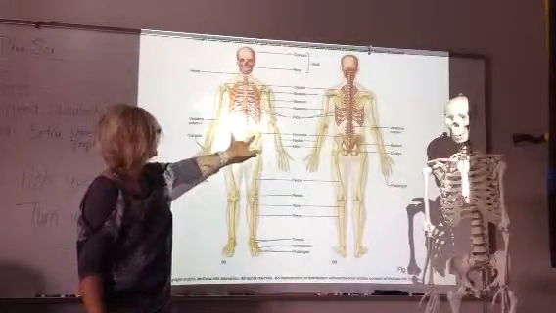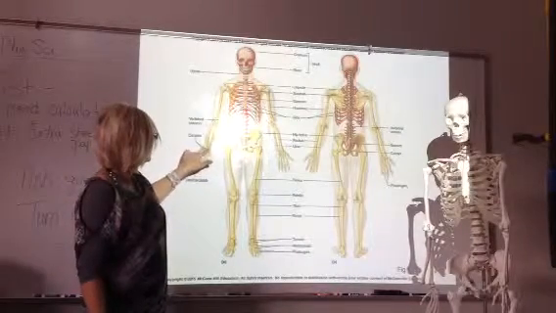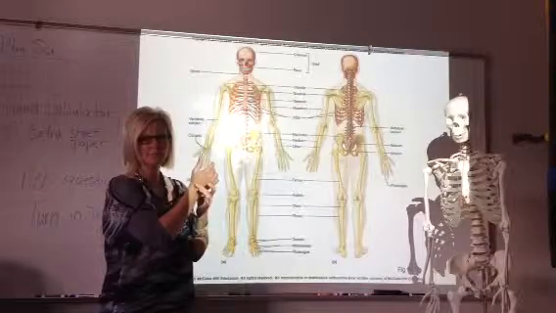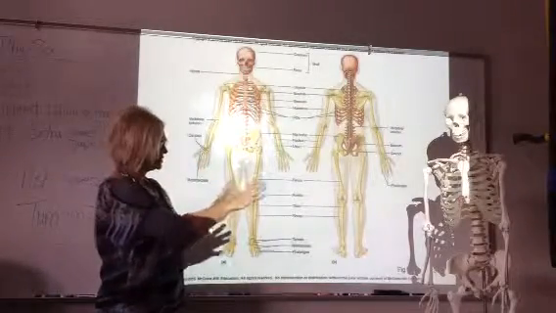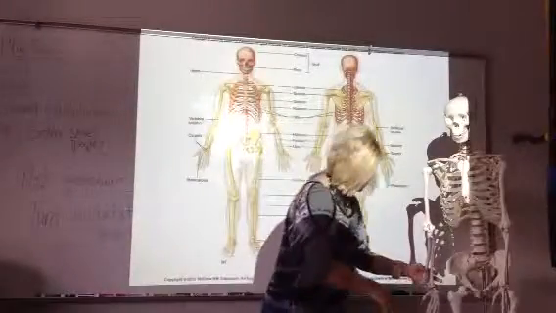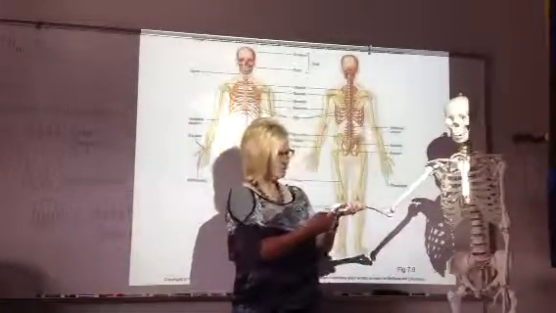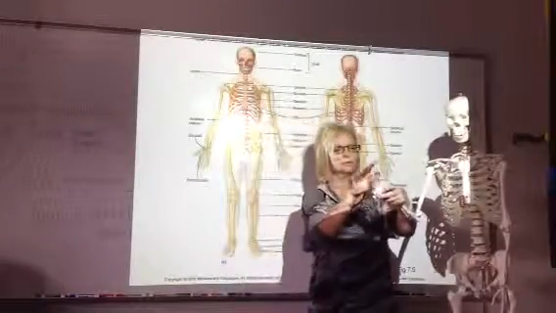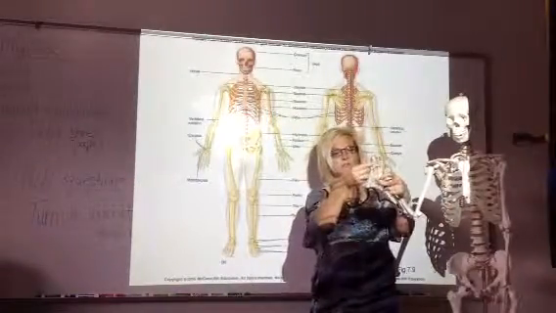Hip bones, carpals are going to be little wrist bones, and you can kind of feel those down below here. And then metacarpals are actually bones in your hand. So if I bring this out, really this here would be my fingers.